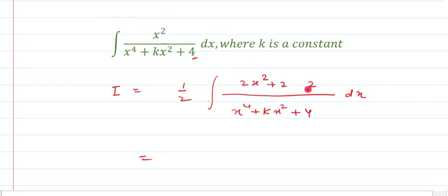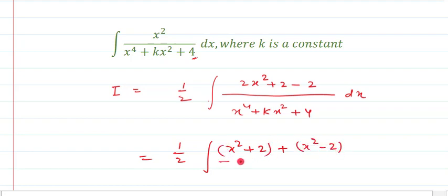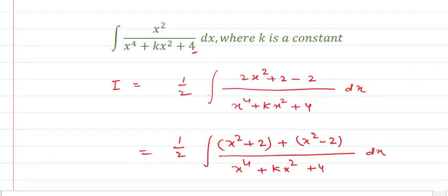Subtracting 2, not adding. We can write it as one term is x square plus 2 and another term is x square minus 2. Denominator will remain same, x power 4 plus kx square plus 4 dx.